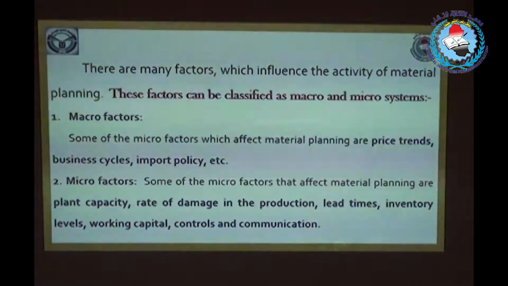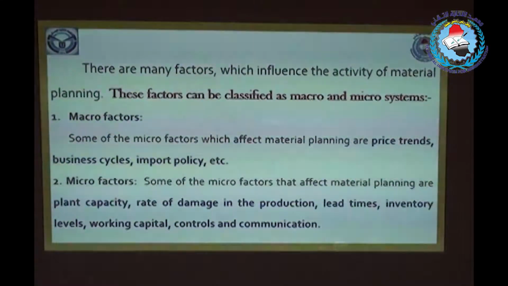And there are many factors which influence the activity of material planning. These factors can be classified as macro and micro factors. So what do you mean by macro factors?